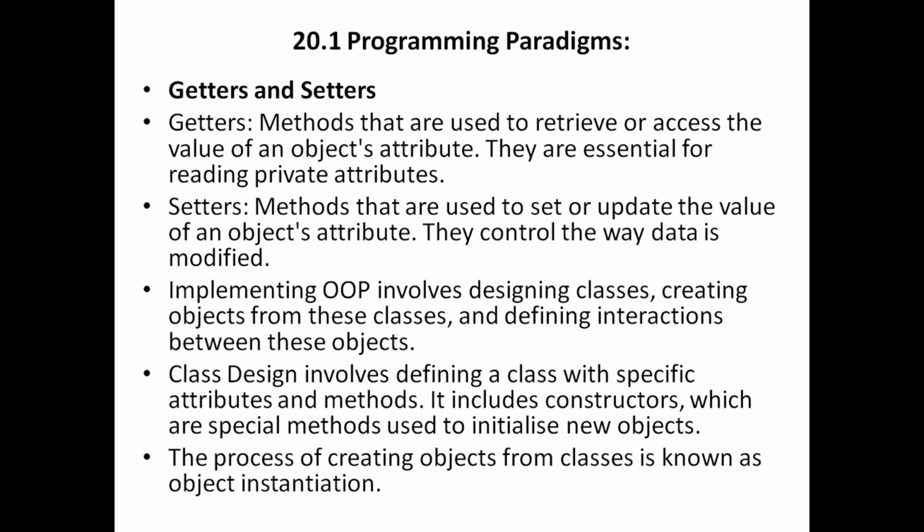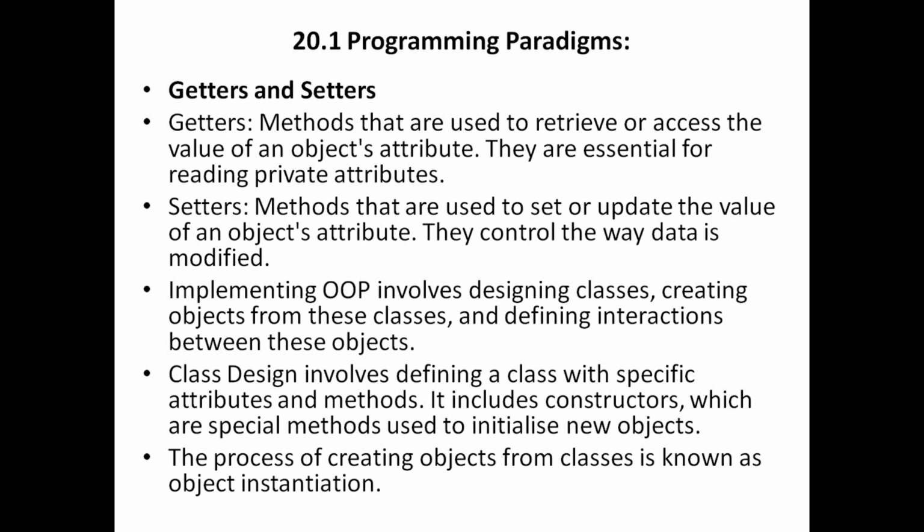Implementing OOP involves designing classes, creating objects from these classes, then defining interactions between them. Class design involves defining a class with the specific attributes and methods. It includes constructors, which are special methods used whenever you make a class.